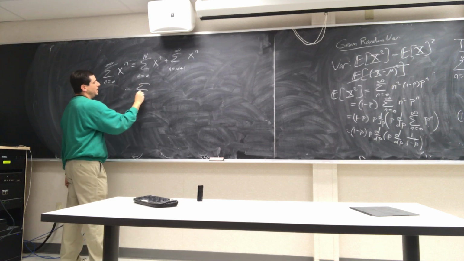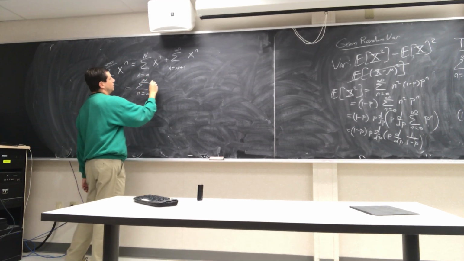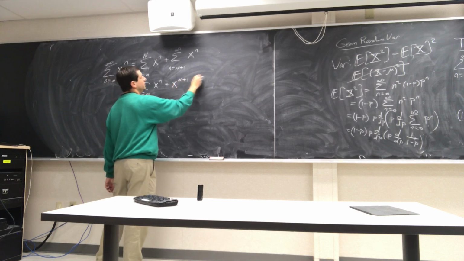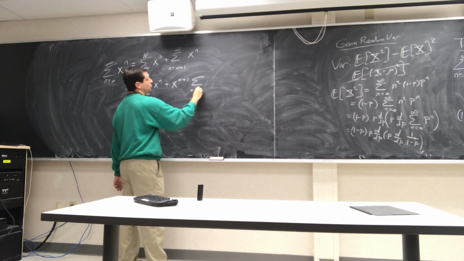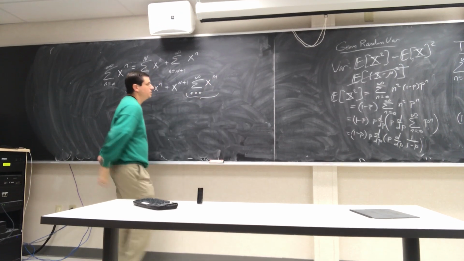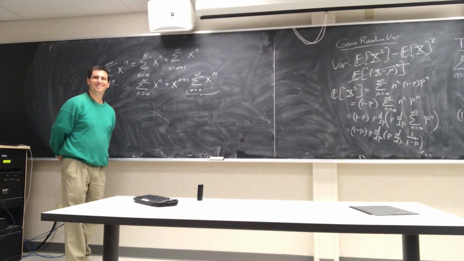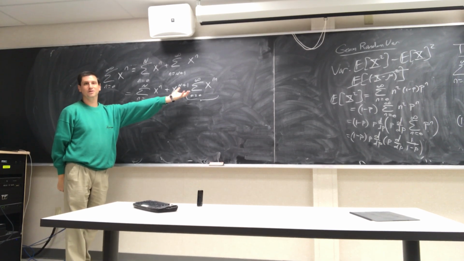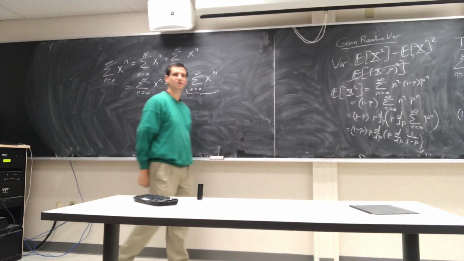This is the sum, n goes from 0 to N of x to the n, plus x to the N plus 1, the sum, say, m goes from 0 to infinity of x to the m. What does that sum equal? So I've just got a full geometric series starting at 0. What will this sum equal?